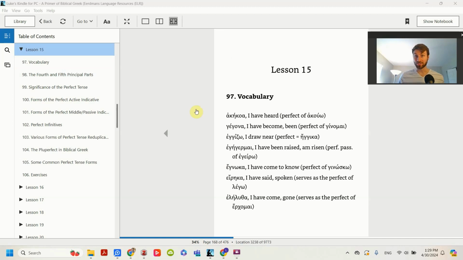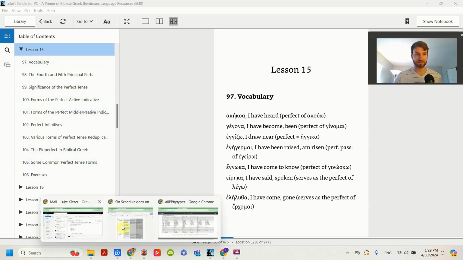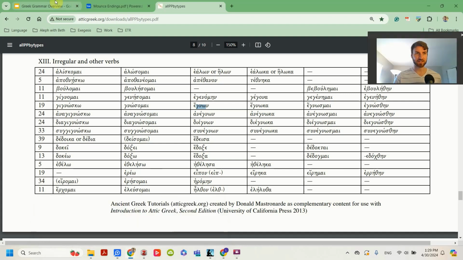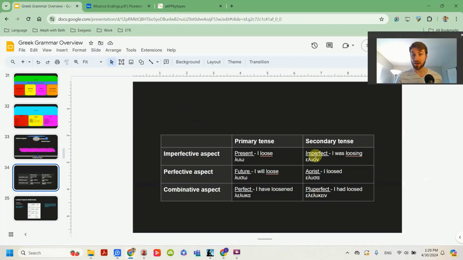Now we are on lesson 15, which covers the perfect and the pluperfect. So if we go to our chart of tenses here, we are now finishing our chart of tenses. We've looked at the present and the imperfect, which have imperfective aspect, so they are often translated in an ongoing sense.